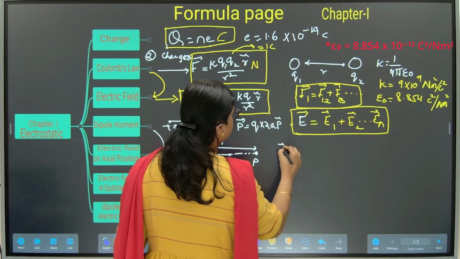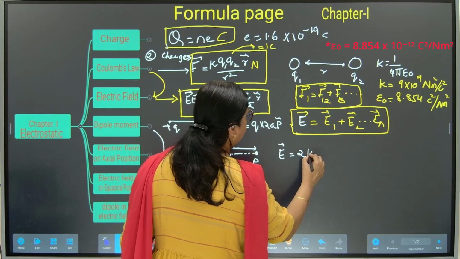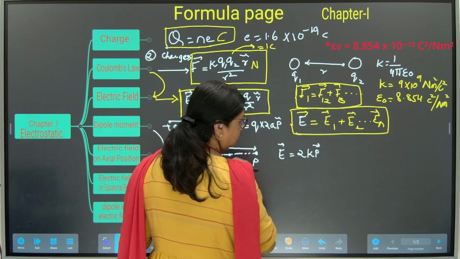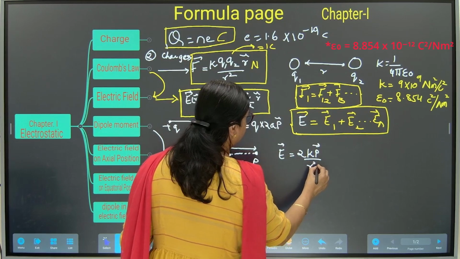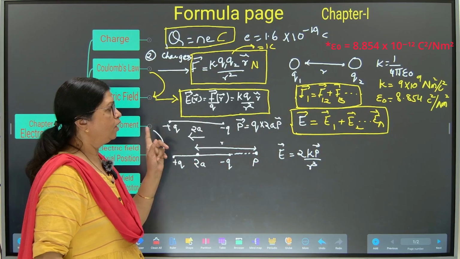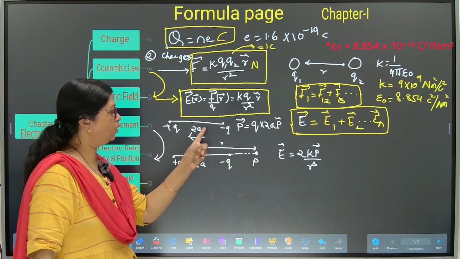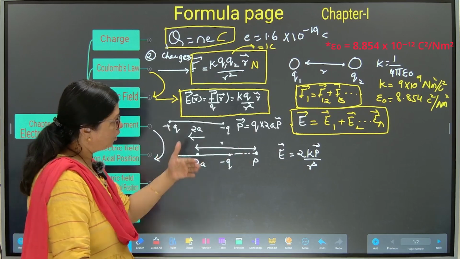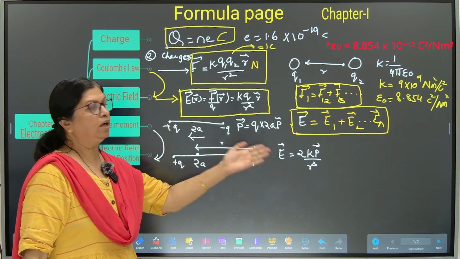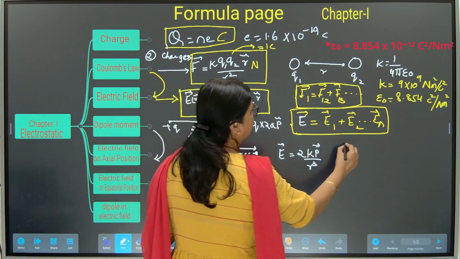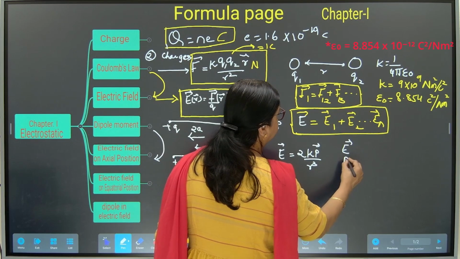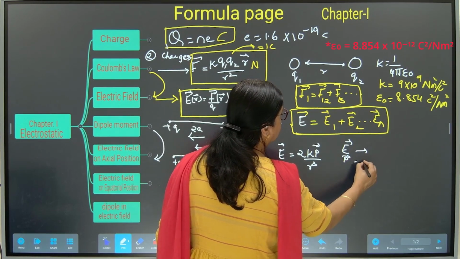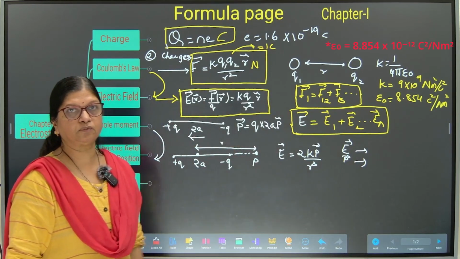E is equal to 2kp vector upon r cube, where r is the distance from the center of the dipole to the point P. And also looking at the formula, you can understand that the direction of E and P vectors are the same because there is a positive symbol here.